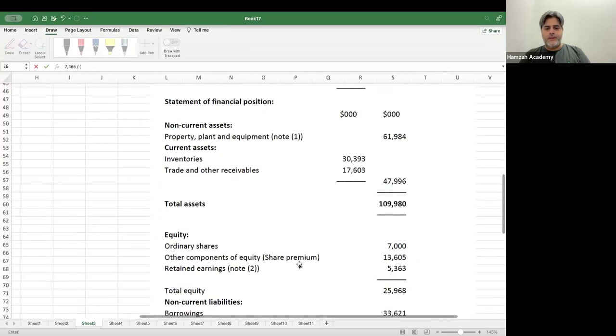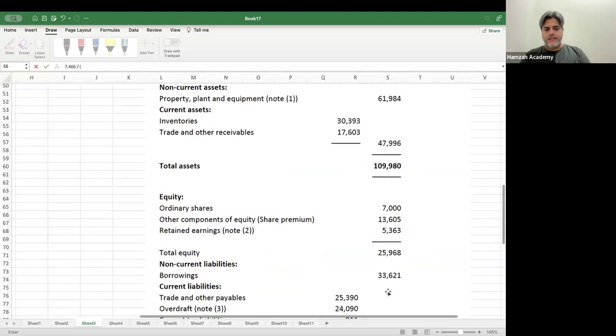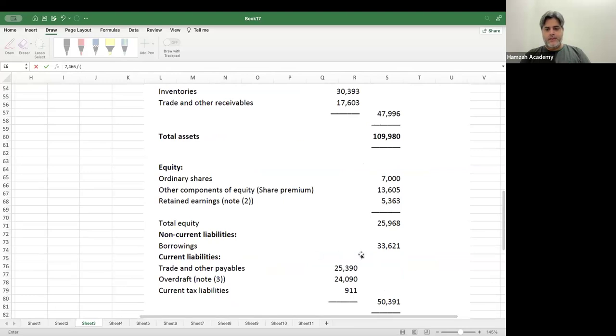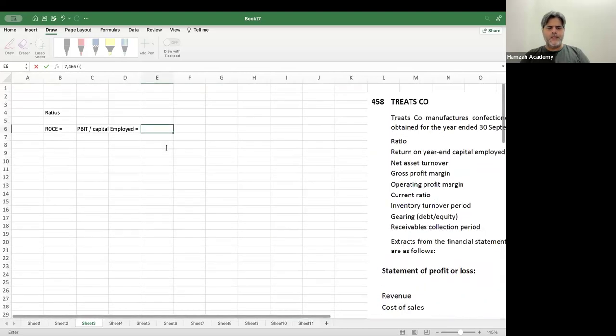My equity is 25,968 and the borrowings are 33,621.